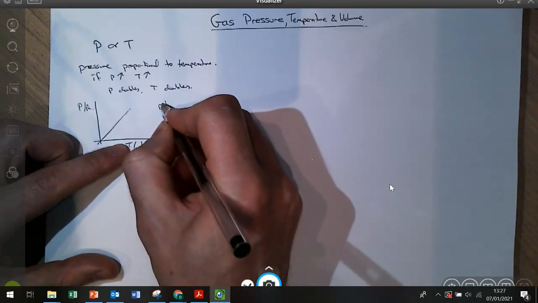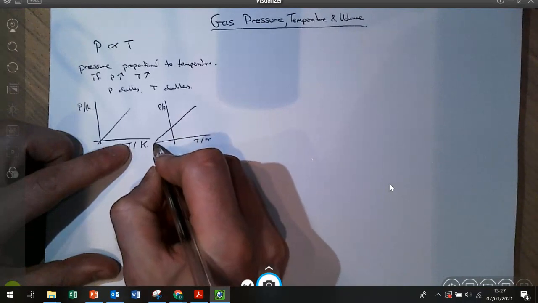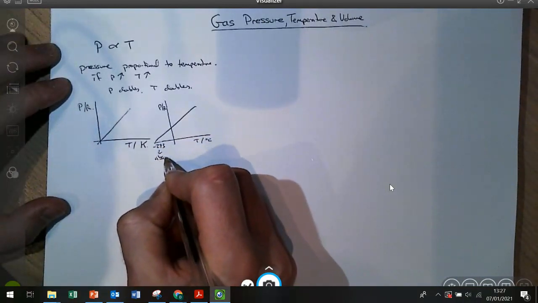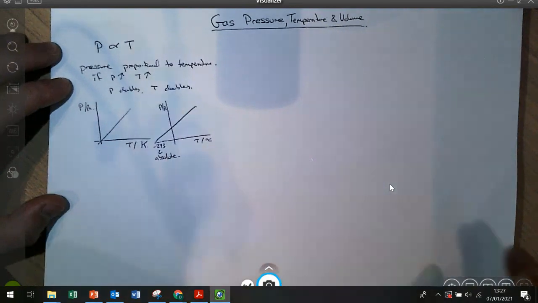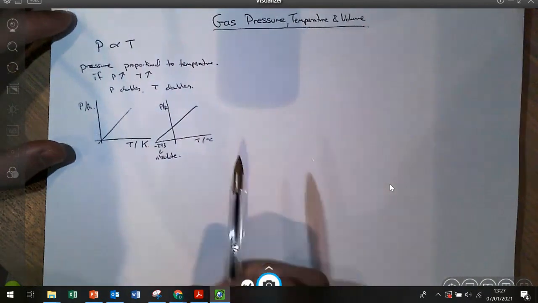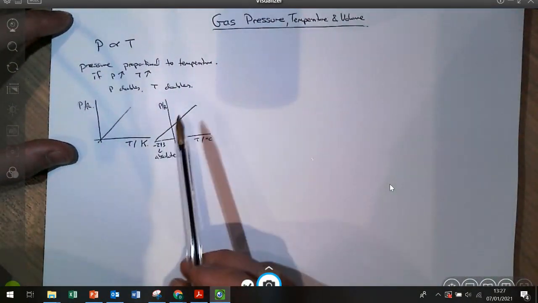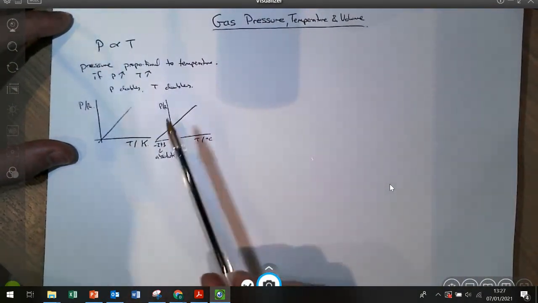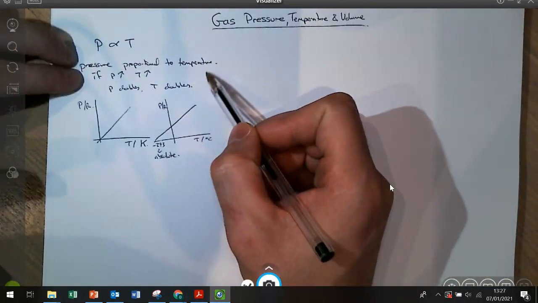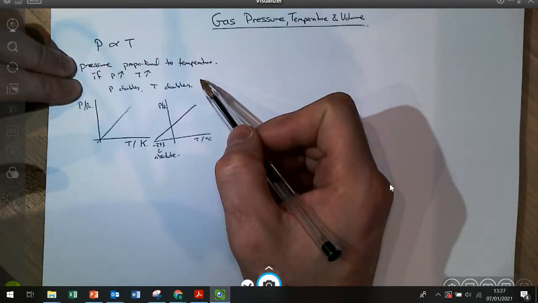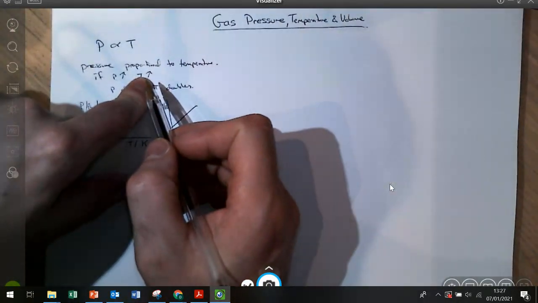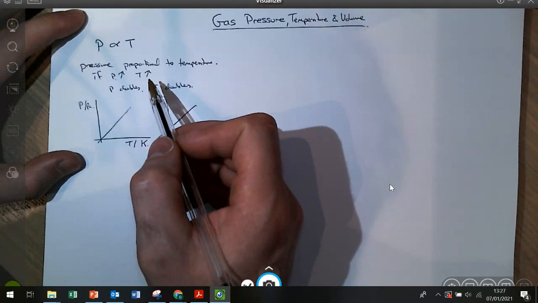And the value down here would be absolute zero, which is the lowest possible temperature where effectively all particles stop moving. So we don't need to go into too much detail about this with combined, but they need to know this relationship qualitatively. Possibly even just if pressure increases, temperature increases for foundation level.